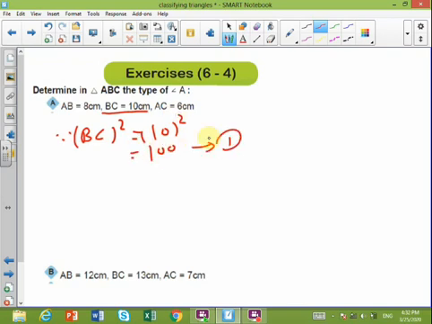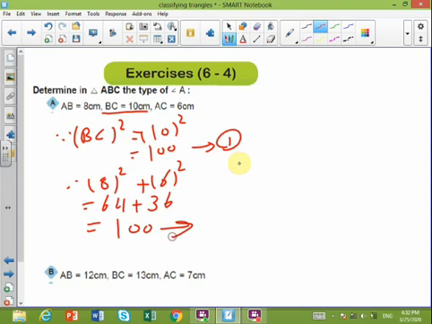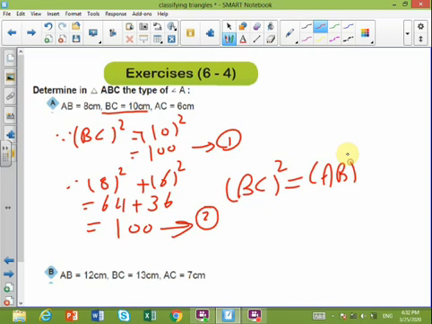The sum of the other two, I will write the numbers without writing the sides again: 8 squared plus 6 squared equals 64 plus 36 equals 100. What did you find? That BC squared, this is number 2, equals the sum of the squares of the other two sides. If it is exactly equal, therefore angle A is a right angle.